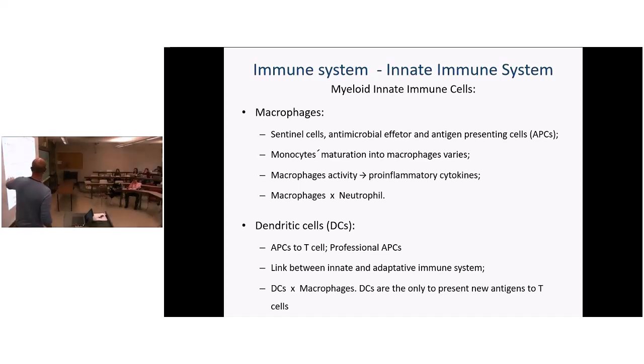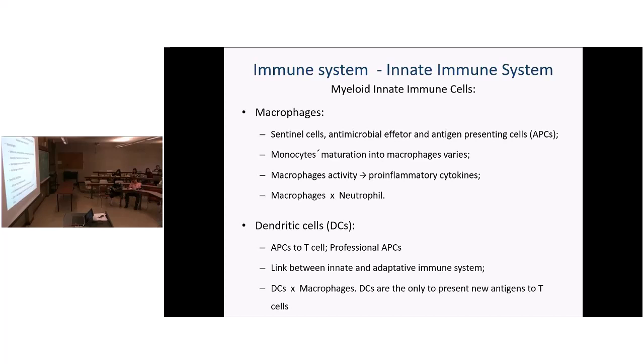Dendritic cells are what we call professional antigen-presenting cells. Macrophages do a lot, but they also have phagocytic activity, so they can actually kill some of those pathogens. Dendritic cells, no, they do nothing else.